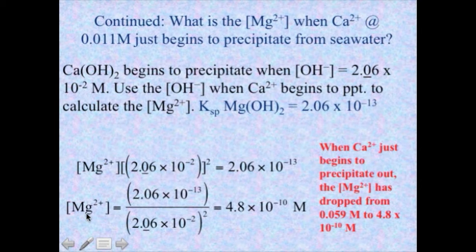We solve for magnesium ion, we get 4.8 times 10 to the minus 10 molar. So when calcium ion just begins to precipitate out as calcium hydroxide, the magnesium ion concentration has dropped from 0.059 molar to 4.8 times 10 to the minus 10 molar.